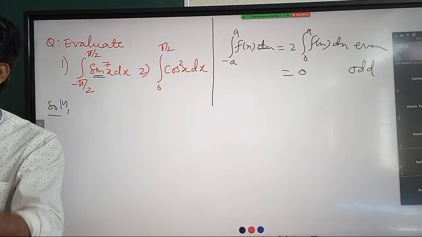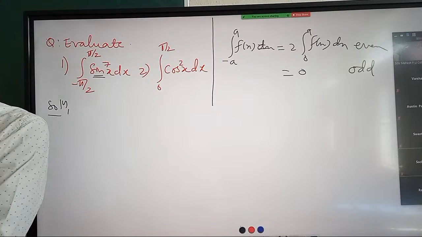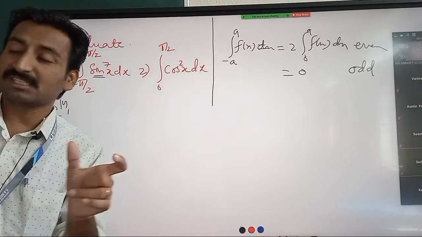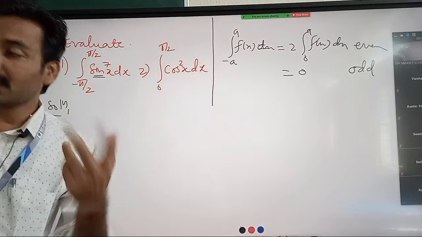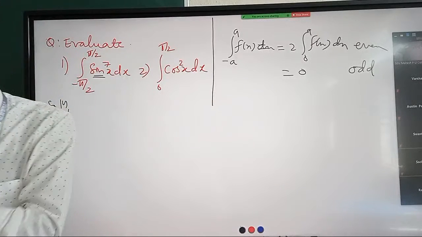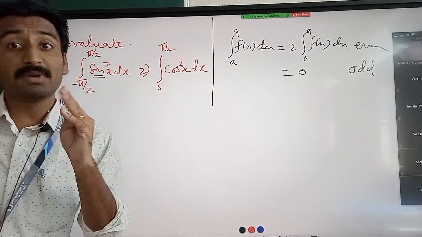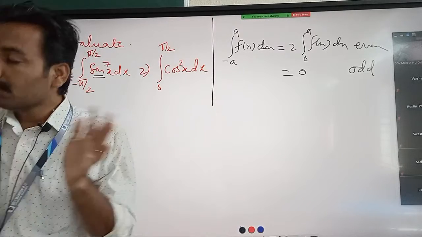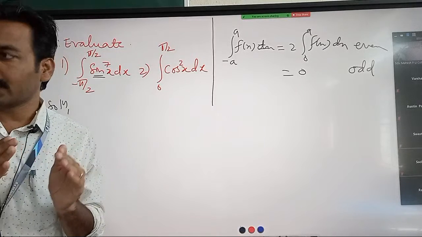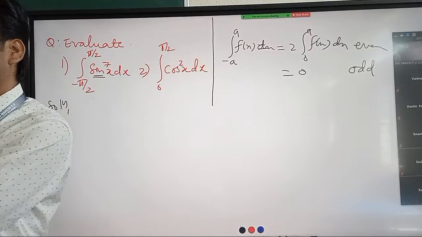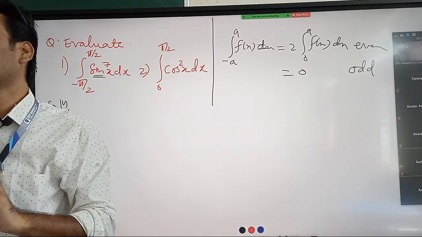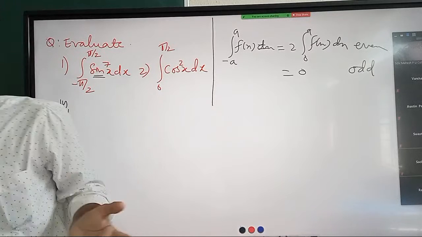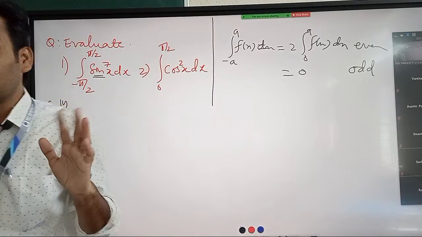Minus is multiplied an even number of times, then only you get even. Minus multiplied 3 times, 5 times, you get minus only. Whereas minus into minus, 2 times, 4 times, 6 times, you get plus. Similarly, if you multiply odd functions 2 times, 4 times, 6 times, you get an even function. But odd number of times, 1 time, 3 times, 5 times, 7 times, they are all odd only. You have to understand the multiplication of odd functions.